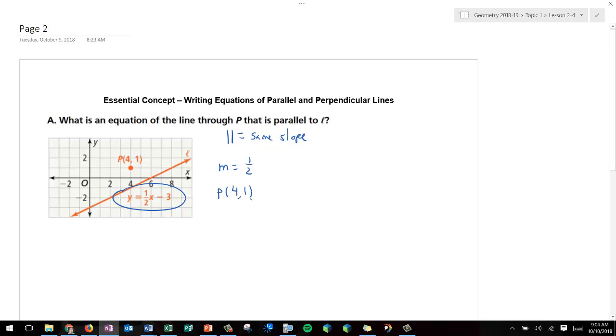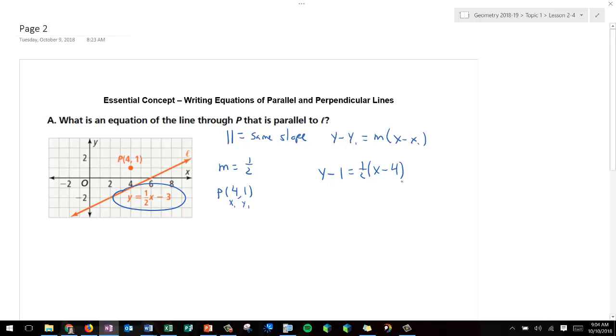At this point, we just use point-slope form, which is y minus y1 equals the slope times the quantity x minus x1. And this is x1, y1, and I have my slope. All I have to do is plug in. So I've got y minus 1 equals my slope of 1/2 times the quantity x minus 4.